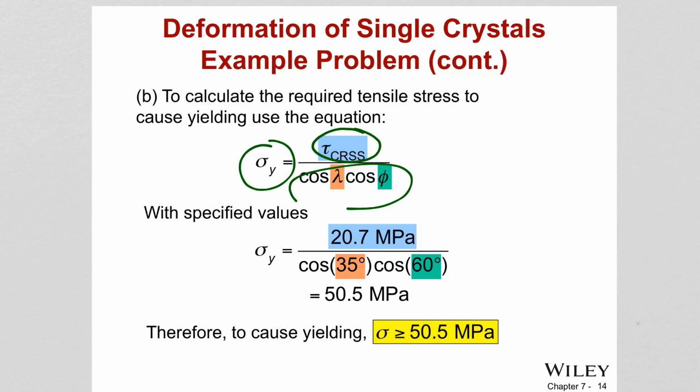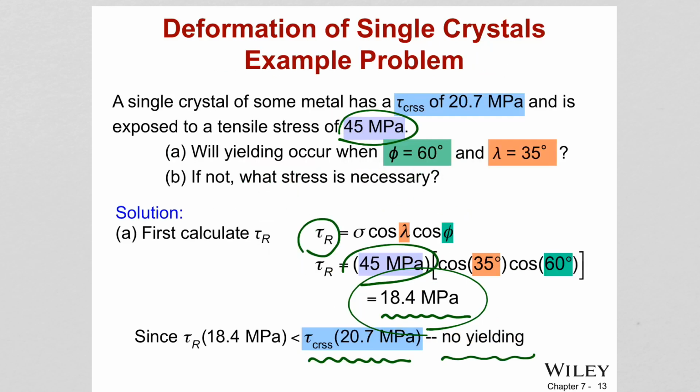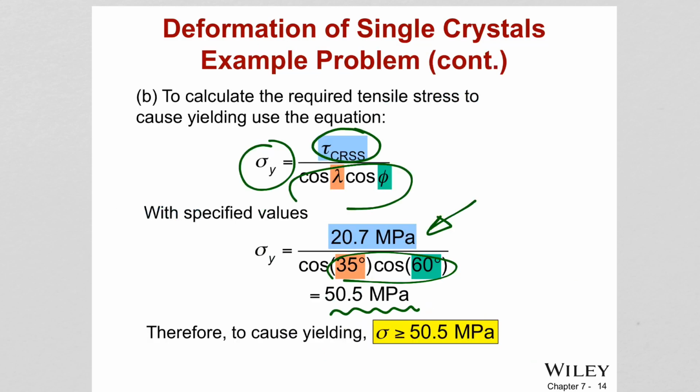This will give you the normal tensile stress you need to apply to reach that critical resolved shear stress at those angles. Therefore, when we plug in the equation and calculate, we see that the yield strength of the material is 50.5 megapascals, but we have 45, and it tells you that you need to go above 50.5 megapascals to start the yielding or the dislocation motion.